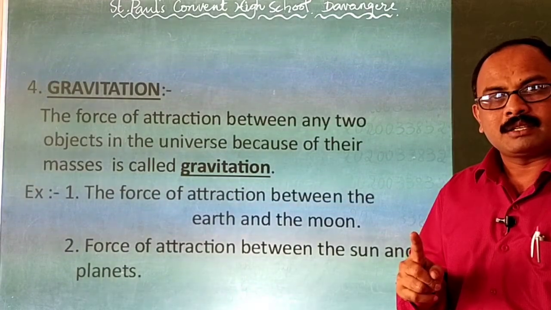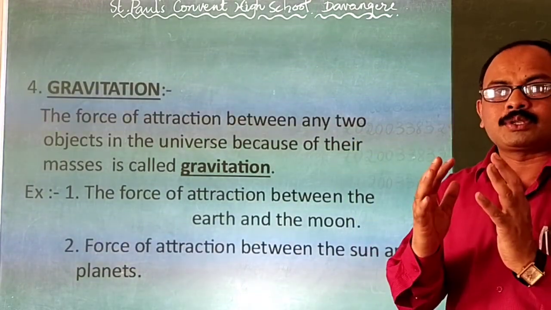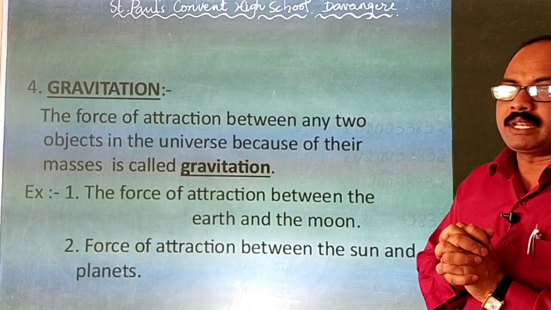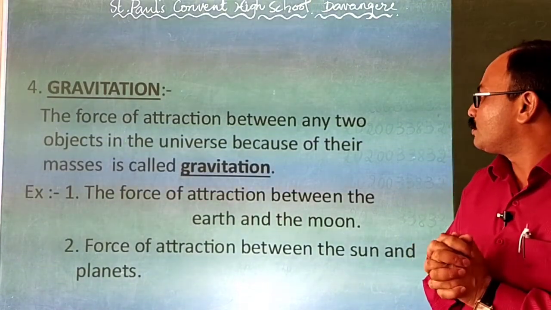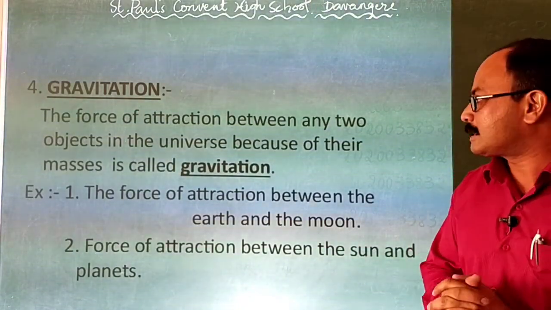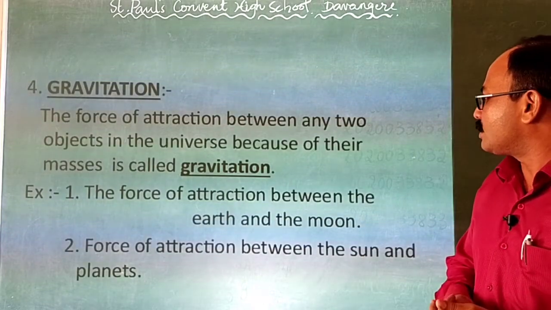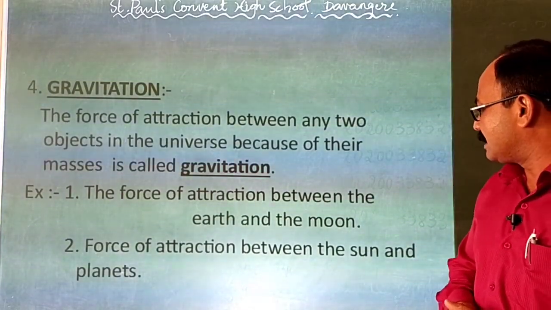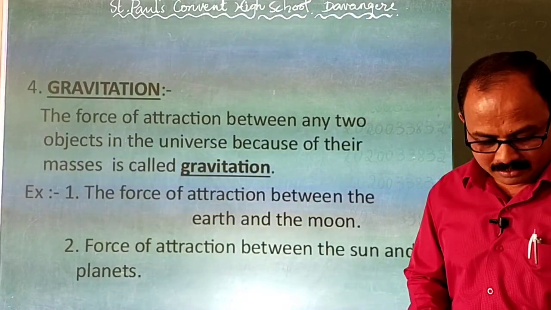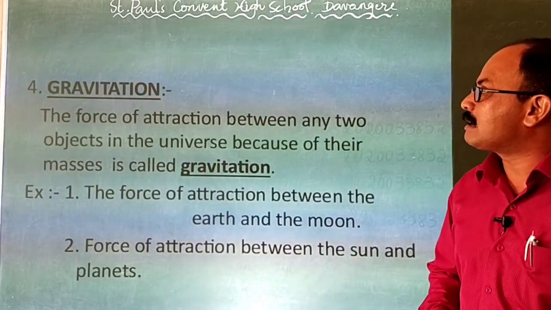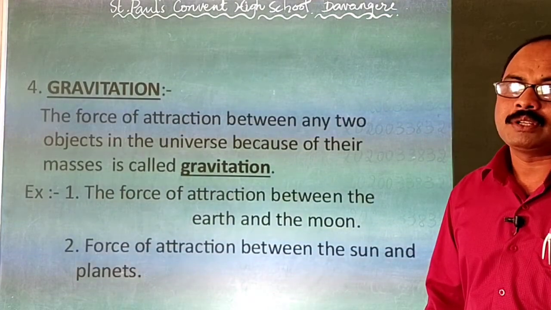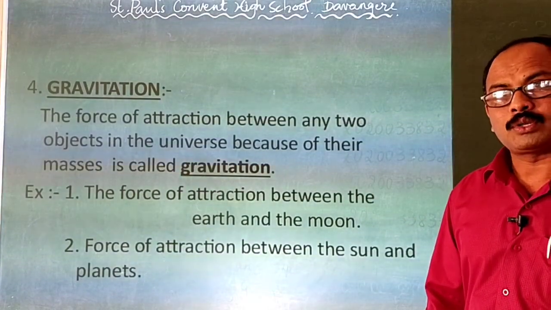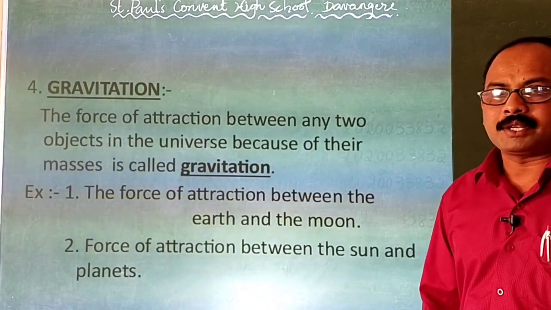Gravitation is an attractive force between any two objects in the universe because of their masses. The force of attraction between the earth and the moon, and between the sun and the planets, can be taken as examples of gravitation, a gravitational force.